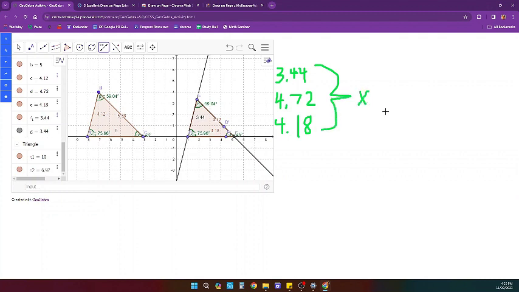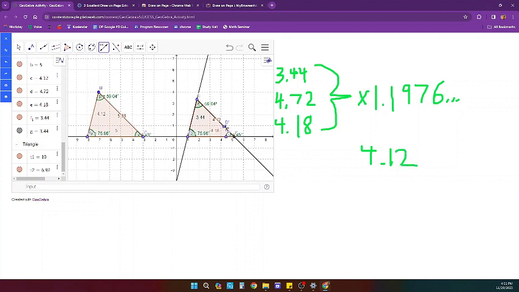And again, our ratio is going to be 1.1976. You don't want to cut that off, but I'm just not going to write every single number here. So you're going to multiply each of those side lengths by our ratio, and what you should get is our new DE is equal to 4.12.